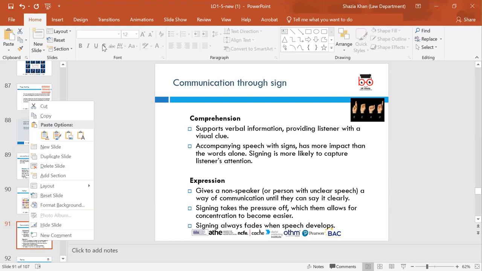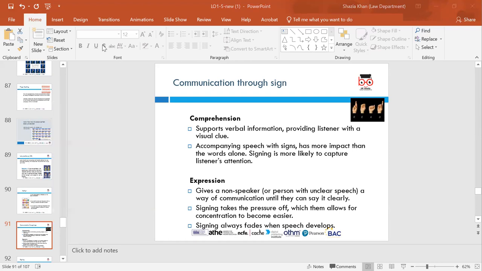It gives a non-speaker or a person with unclear speech a way of communicating until they can say it clearly. Signing takes the pressure off, which allows concentration to become easier. Signing always fades when speech develops.